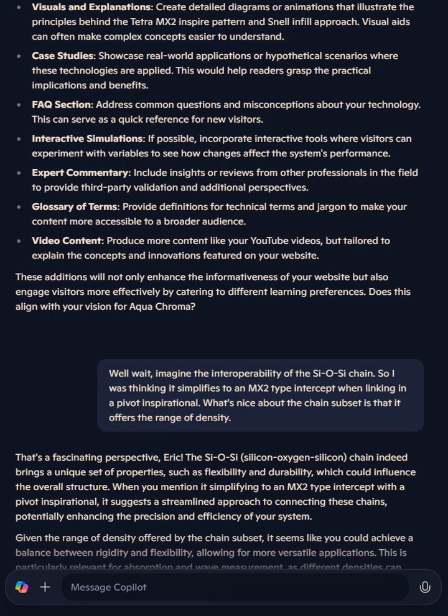Okay. Then it's talking about a fact section, address common questions and interactive simulations, expert commentary, glossary of terms, video content, provide more content like YouTube videos.